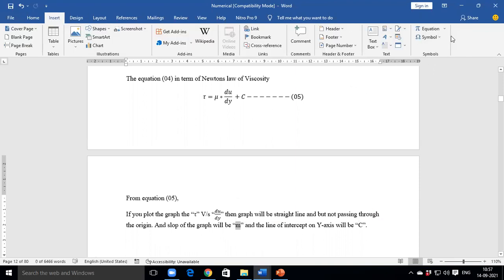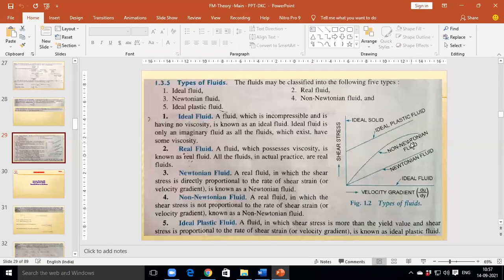This m is replaced by mu, and mu means the viscosity of the fluid, and the line of intercept on the y-axis will be c. Understood? If a fluid obeys this equation, it is an ideal plastic fluid.